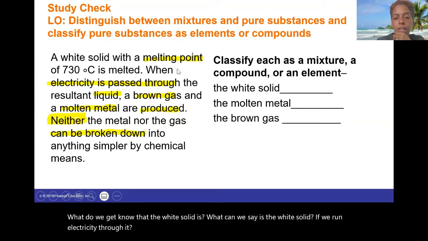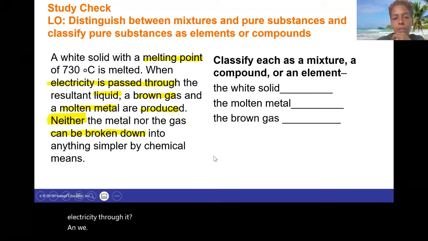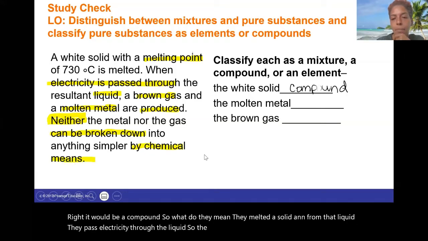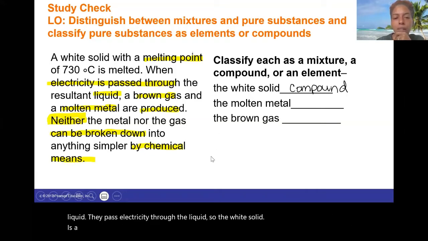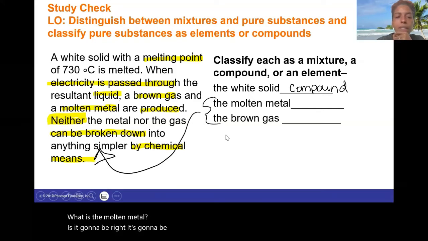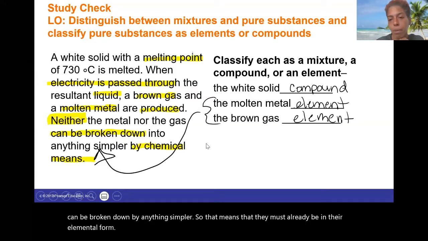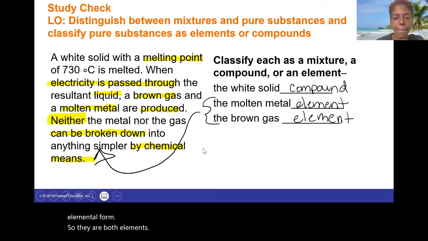Right, it would be a compound. So what do they mean? They melted a solid and from that liquid, they pass electricity through the liquid. So the white solid is a compound. Then we have the molten metal. What is the molten metal? Right, it's going to be an element because it says that neither the metal nor the gas can be broken down into anything simpler. So that means that they must already be in their elemental form. Yes. So they are both elements. Okay? All right.